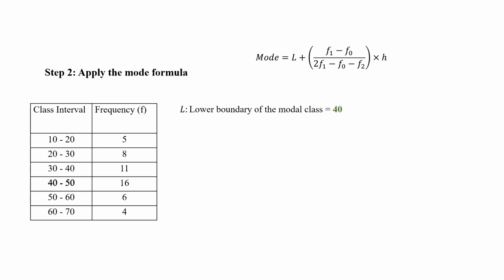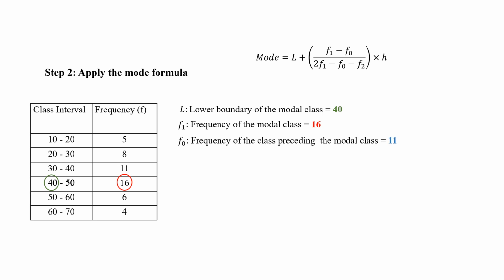L is the lower boundary of the modal class and is equal to 40, as you can see here in our table, and f1 is the frequency of the modal class, 16, as we can see here in the table.